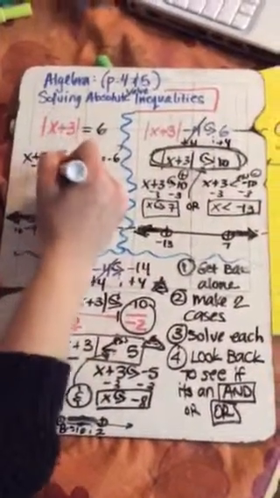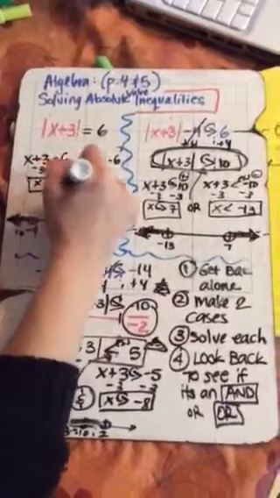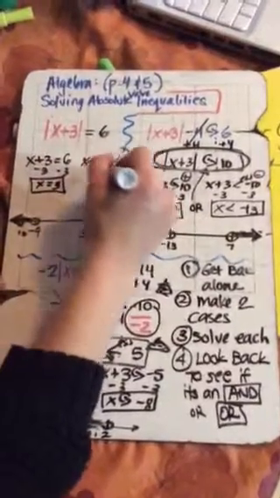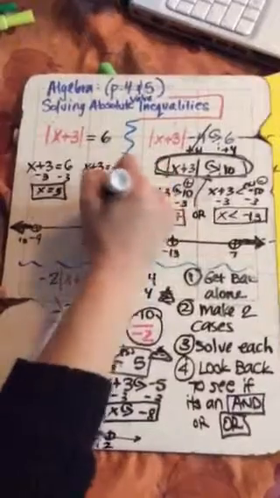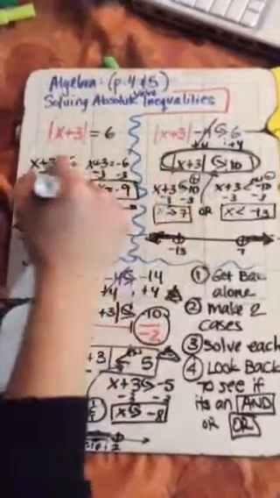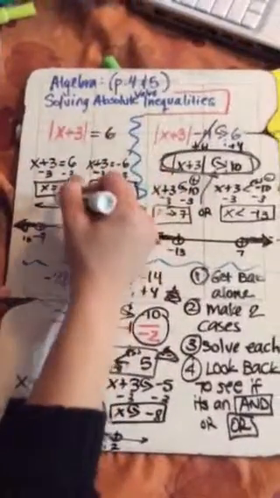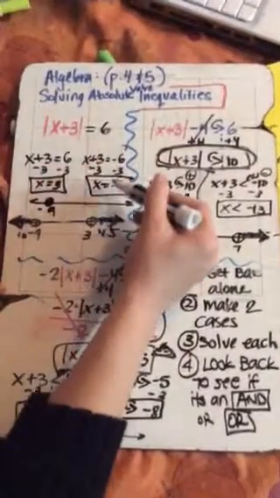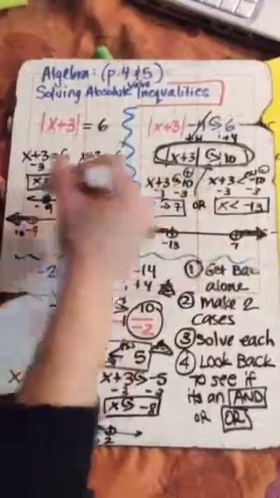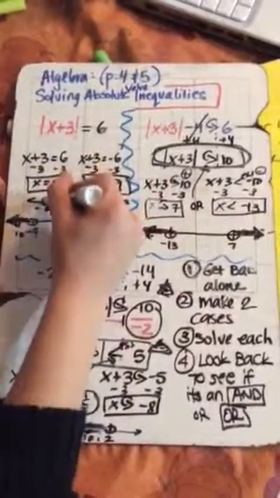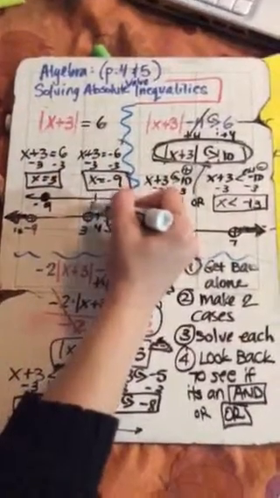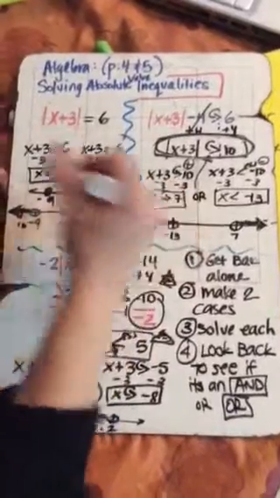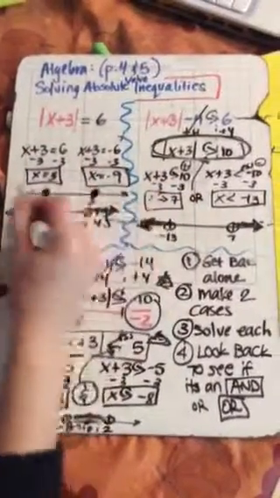Minus 3 minus 3, x equals 3. Minus 3 minus 3, x equals negative 9. So here, the difference between an equation and an inequality. Negative 9 still comes first, and negative 9 is a solution. X equals negative 9, so you can make a closed dot at negative 9. And 3 is here, and it is a solution. And these are your only two solutions on the whole number line.